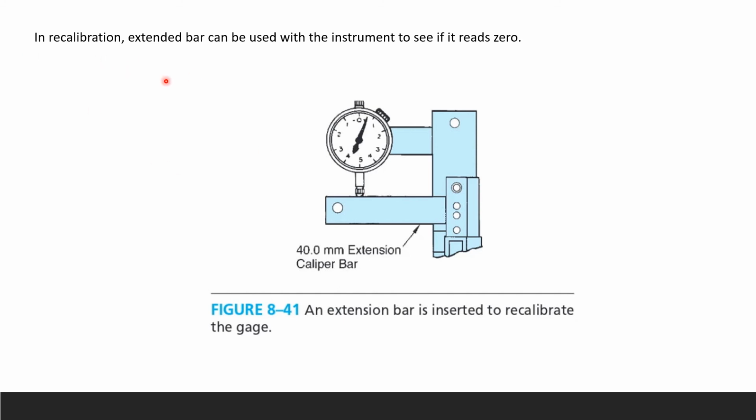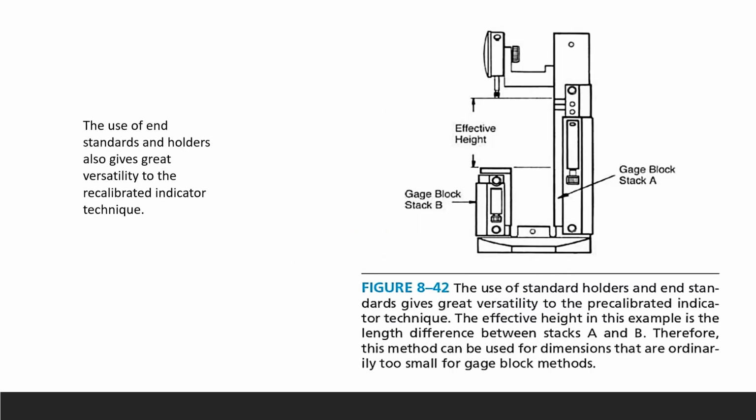So in recalibration, extension bar, extension bar. So here, an extension caliper bar can be used with the instrument to see if it reads 0. So here, an extension bar is inserted to recalibrate the gauge. You can also use the end standards and the holders, again a pre-calibrated indicator technique.